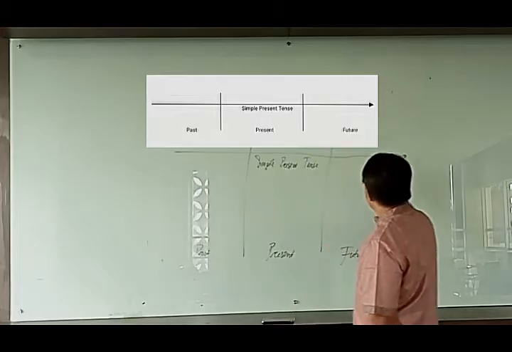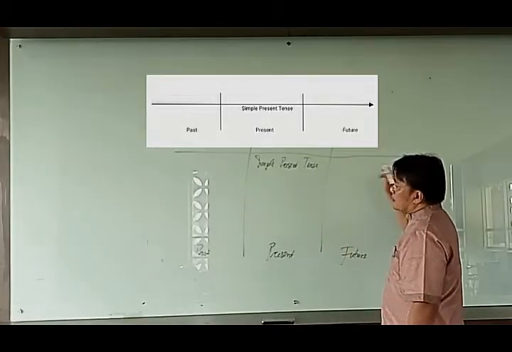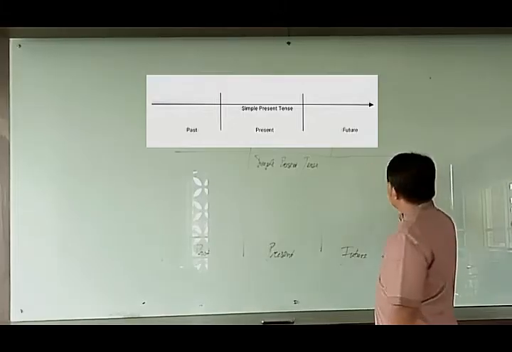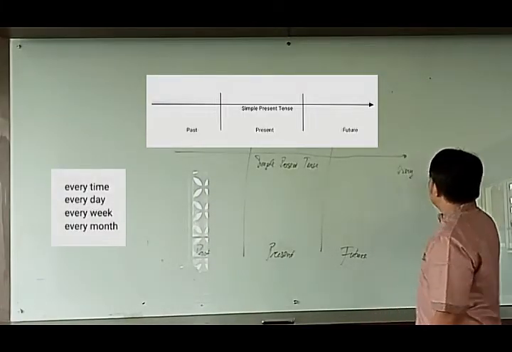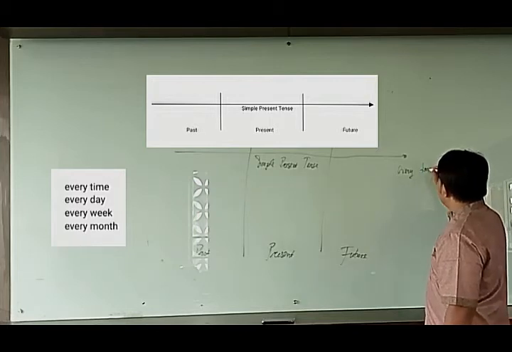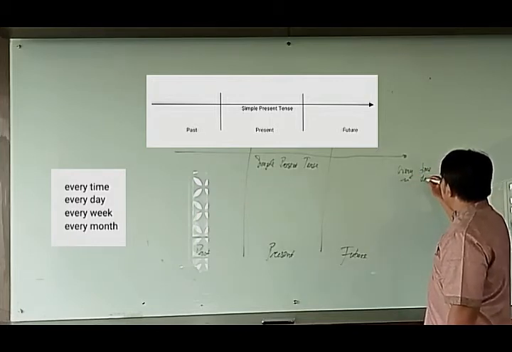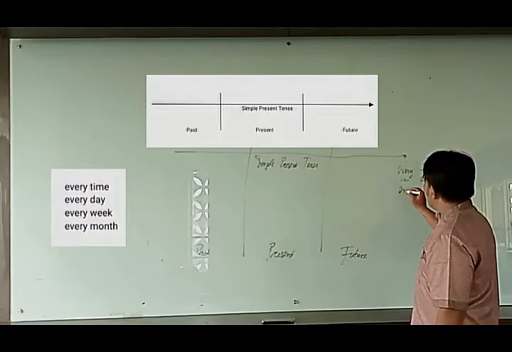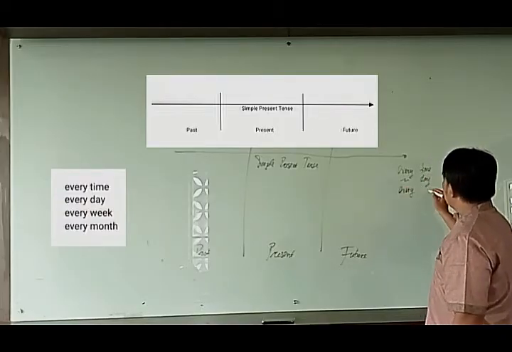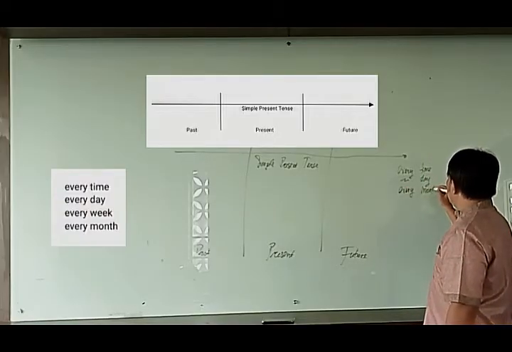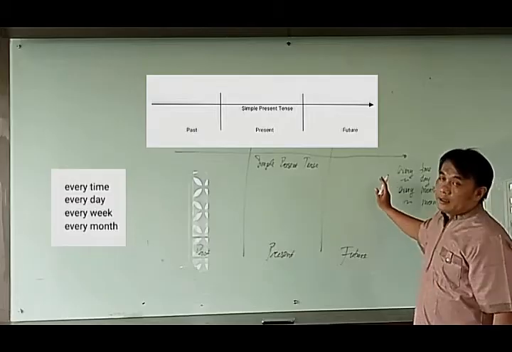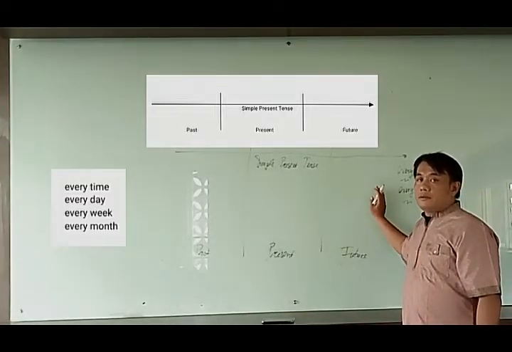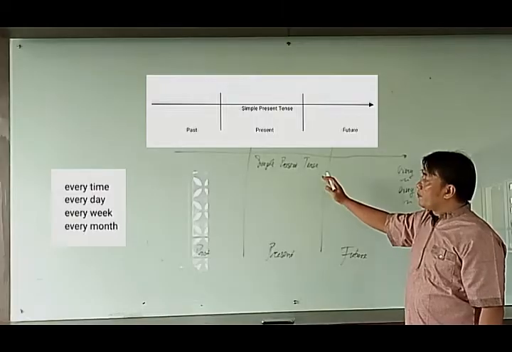To prove it, we know that in the simple present tense, the time is every time, every day, every month, or maybe every morning, every. This one is the adverb of time in the simple present tense.